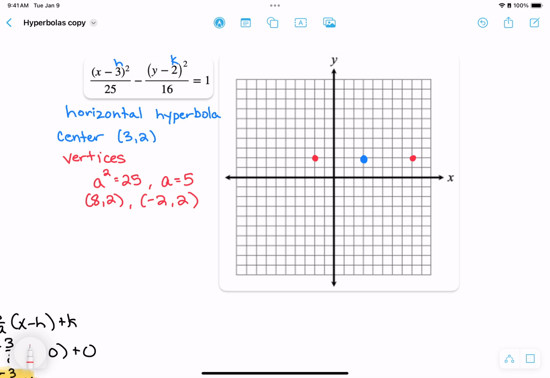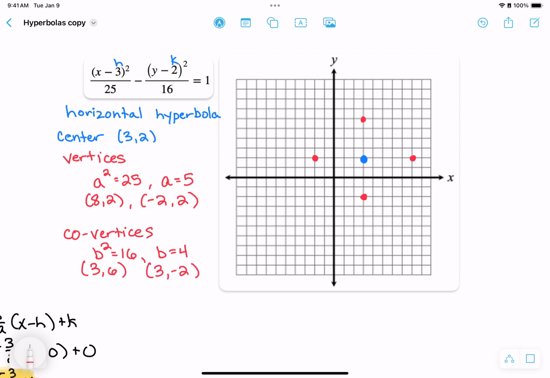And then the exact same process for the covertices, except using b squared and going up and down. So covertices: b squared is 16, which means b is 4. So from our center, we go up 1, 2, 3, 4. That point is going to be at 3, 6. And also down 1, 2, 3, 4. And that point is going to be at 3, negative 2.